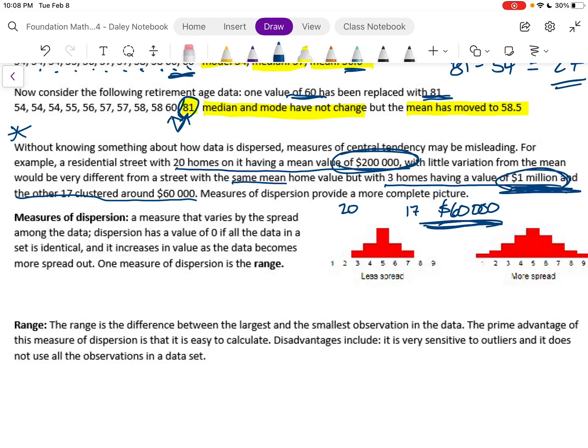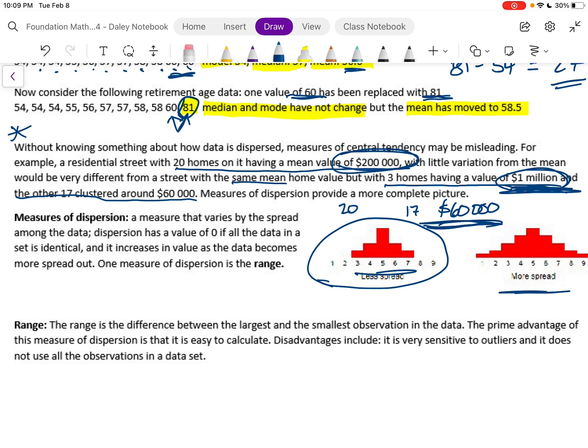Measures of dispersion. So measures of dispersion, like this first graph right here, where all the data is very clustered together, we would say that this dispersion would have a value of 0. Sorry, not this one. If all the data was identical, sorry. So basically, if it was a uniform histogram, it would kind of look like a rectangle, actually. This one is a very normal distribution, as is this one, but they are spread out more.